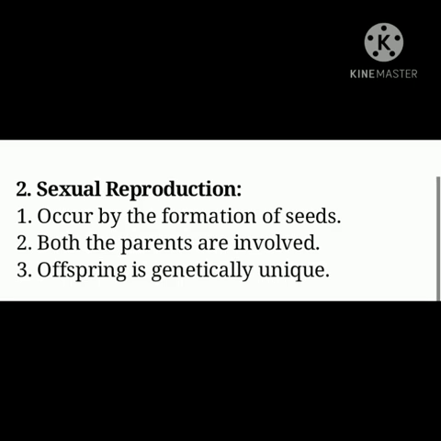In sexual reproduction, both the parents, that is male and female, are involved. As both the parents are involved, the offspring produced is genetically unique. So this is all about asexual and sexual mode of reproduction.